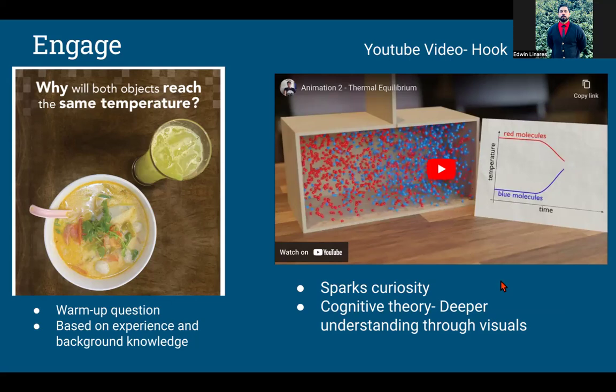This video also implements the cognitive theory, which means basically with this video, they are able to have a deeper understanding through visuals. Videos can also stimulate discussion, and they can encourage students to construct their own understanding by connecting new information with prior knowledge.